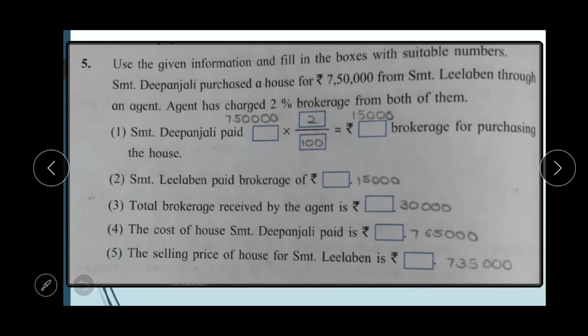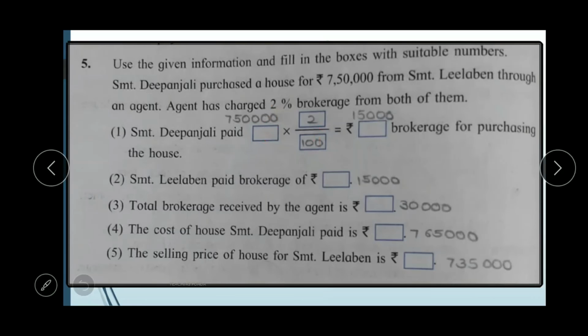Second, Smt. Leelaben paid brokerage of rupees dash. Dipanjali paid 15,000 and Leelaben will also pay 15,000, because the agent charged 2% brokerage from both of them. So the amount must be the same. If you want, you can calculate again, but the same answer is going to come.